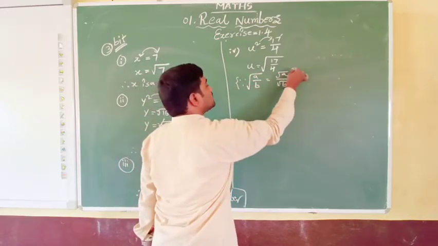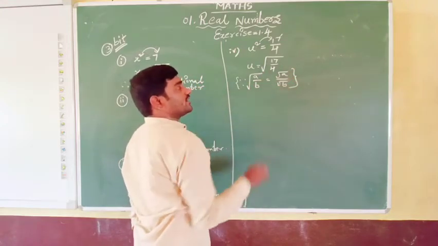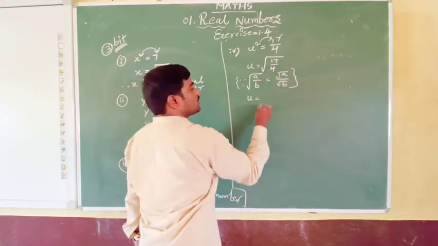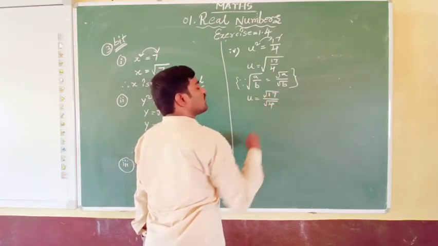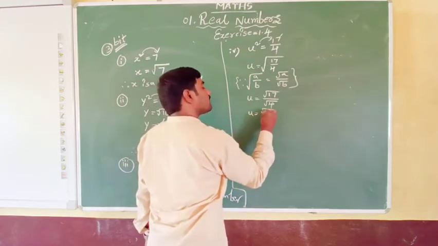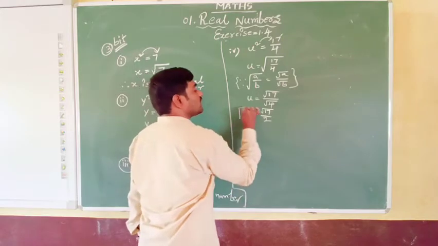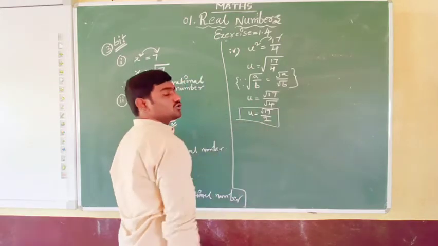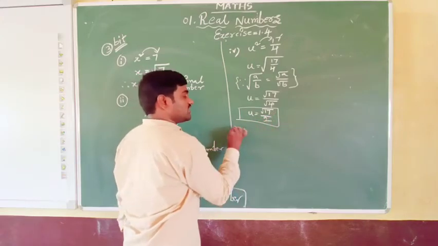We have to split the complete root into the numerator and denominator. So u equal to under root of 17 by square root of 4, where the square root of 4 we know is 2. So u value is root 17 by 2. The quotient of an irrational number and a rational number is always an irrational number.